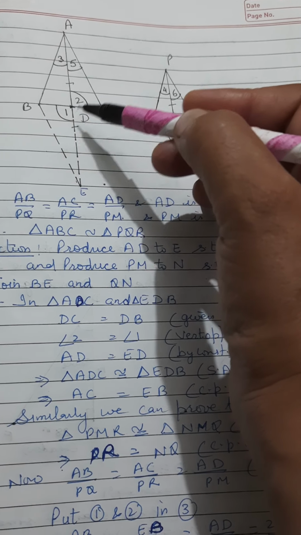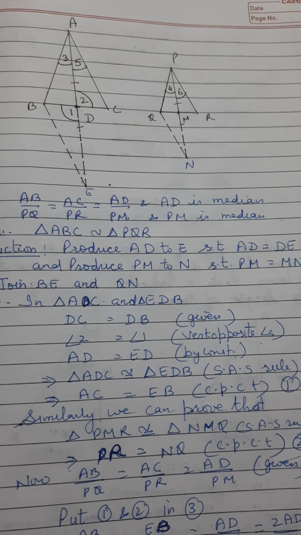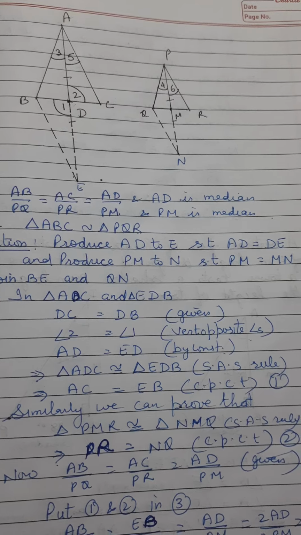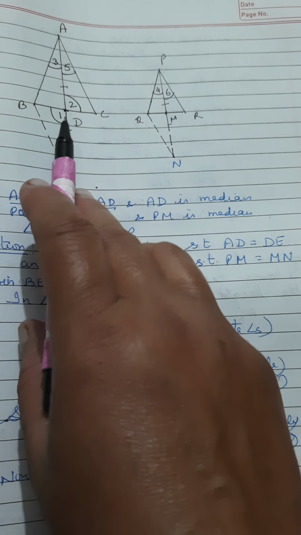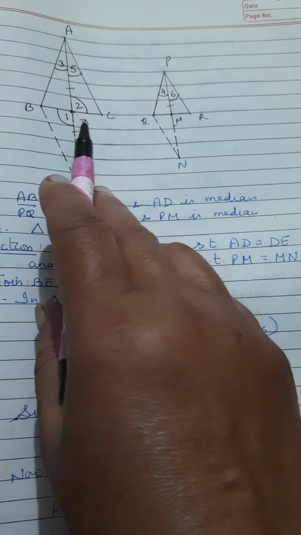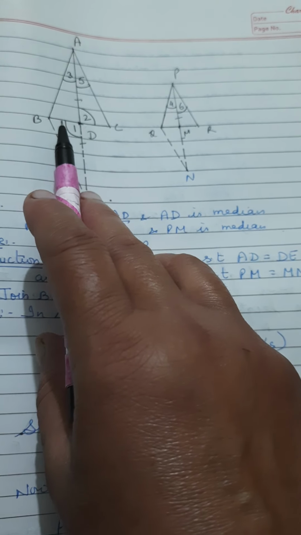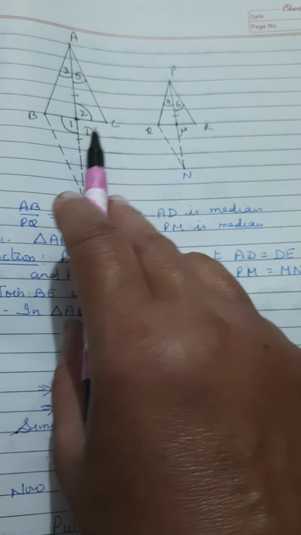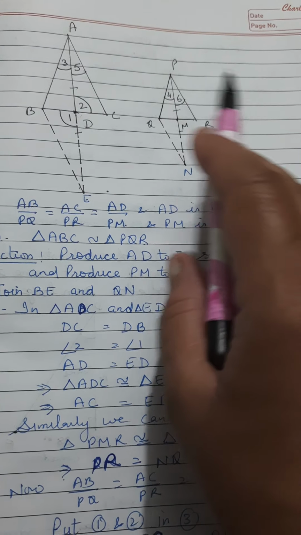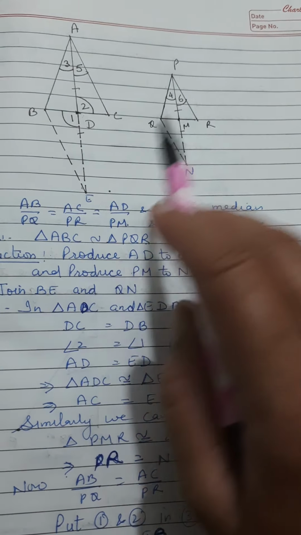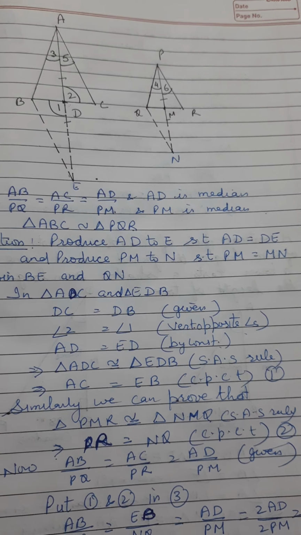The vertically opposite angles are equal, and we have DC is equal to DB because D is the midpoint of BC, as AD is the median, and AD is equal to DE by construction.